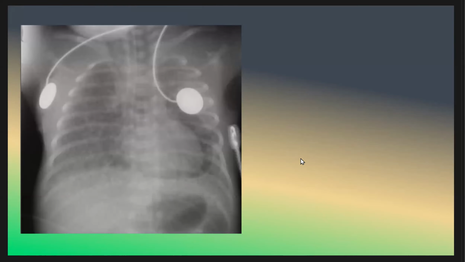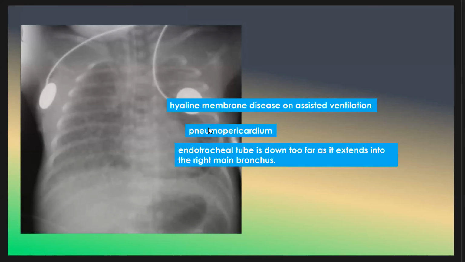This patient, what do you think this patient has? This is a patient with respiratory distress. As we see here, the patient has multiple pathologies. We have hyaline membrane disease involving both lungs with fine granularity or ground glass appearance.